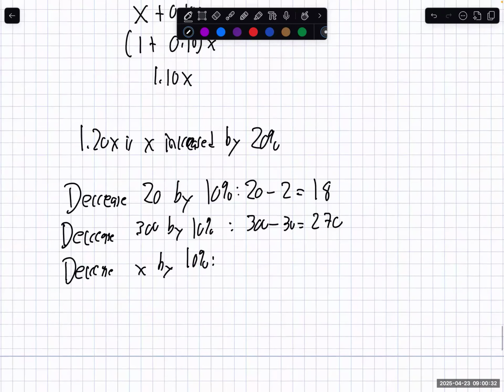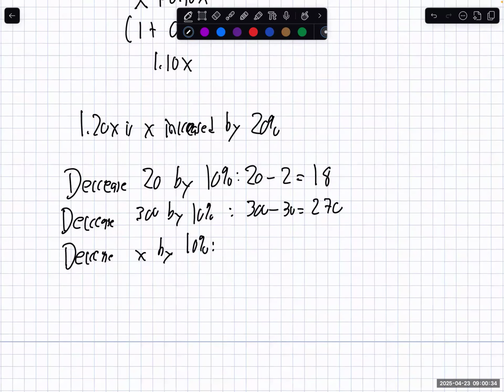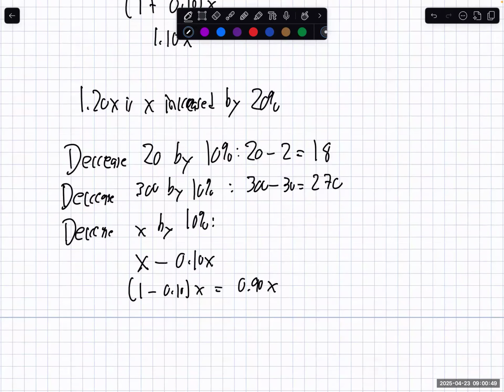In general, if I want to decrease x by 10%, I take x and subtract 10% off. I can do the same trick as before. So another way to say it is that decreasing x by 10% is just taking 90% of x.